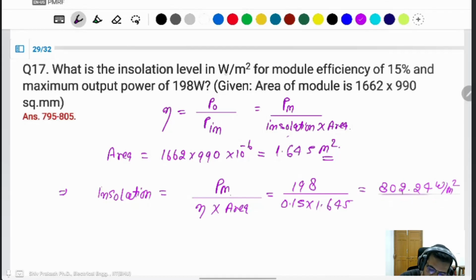The question is asking in watt per meter square, that's why you have to convert mm square to meter square.